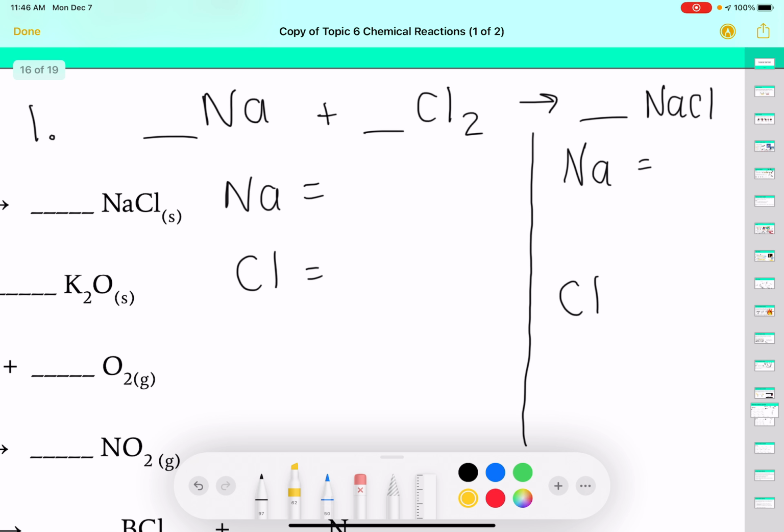What we do is we look at the number in front and the number behind, okay? So if there's no number in front and no number behind, then it's 1. For Cl, there's no number in front, but there is one behind, so that's a 2.